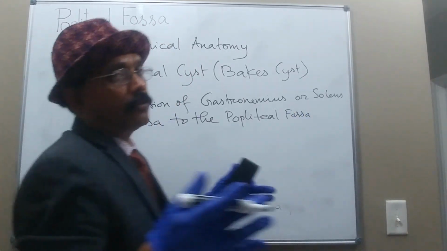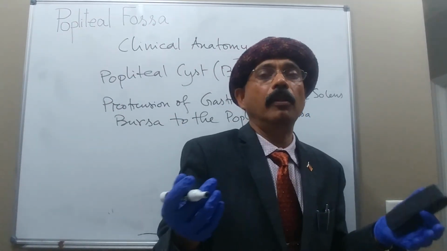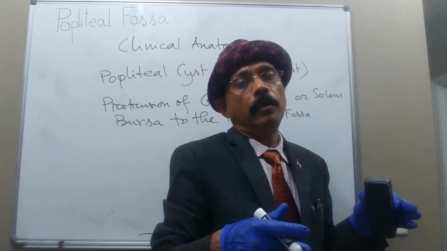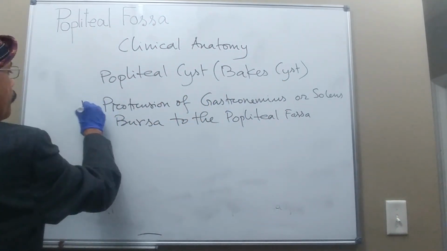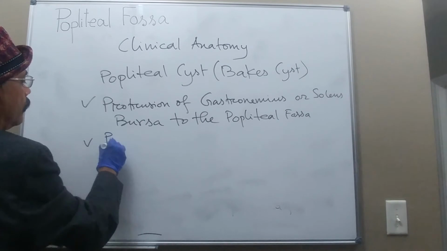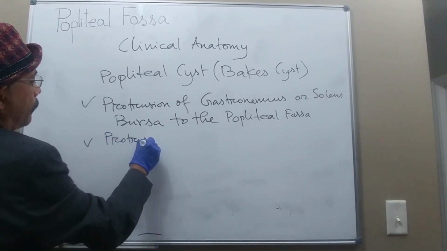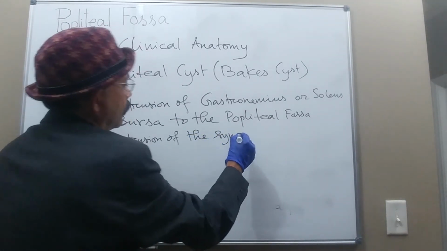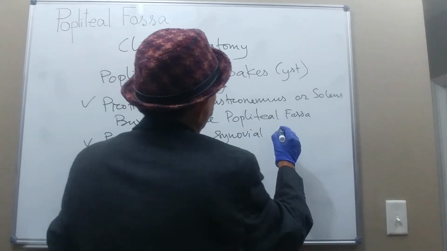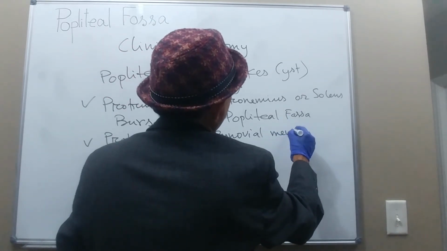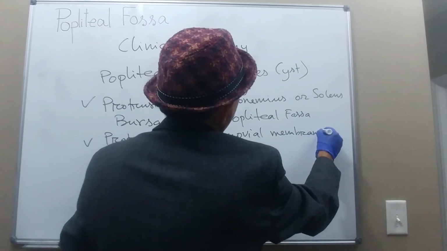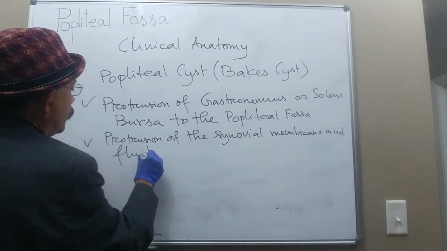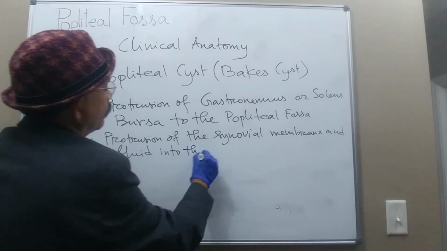Or it may be just a herniation of the synovial cavity of the knee joint into the popliteal region, or just protrusion of the synovial membrane and fluid into the popliteal fossa.